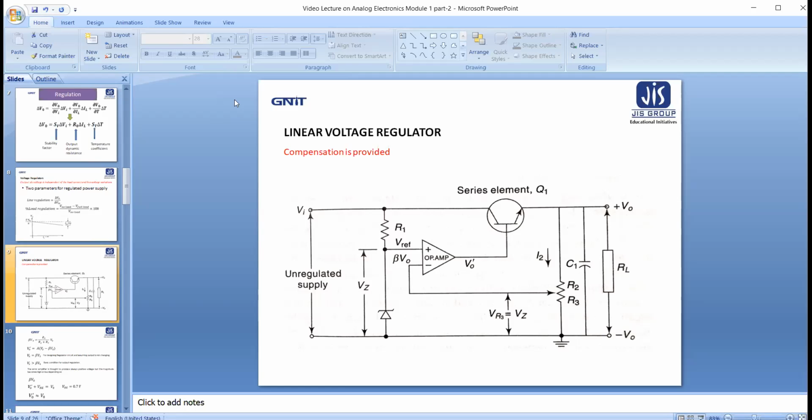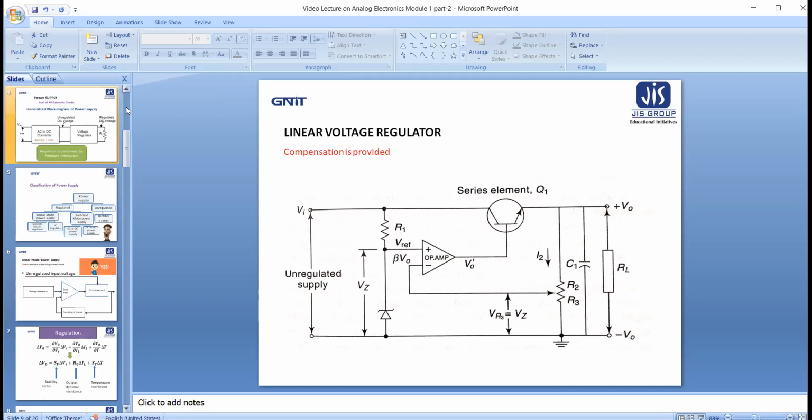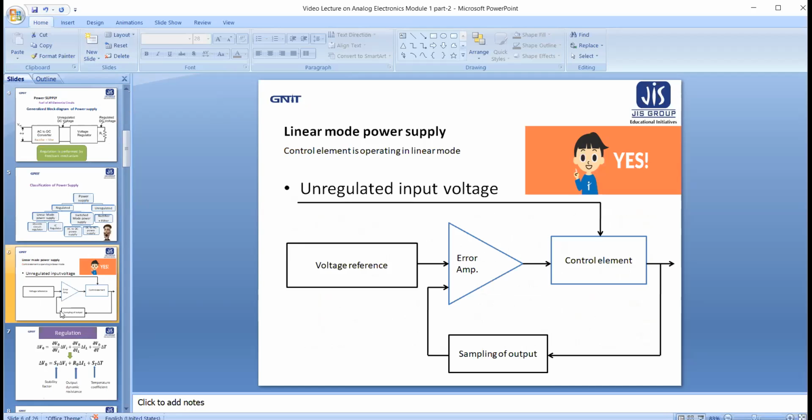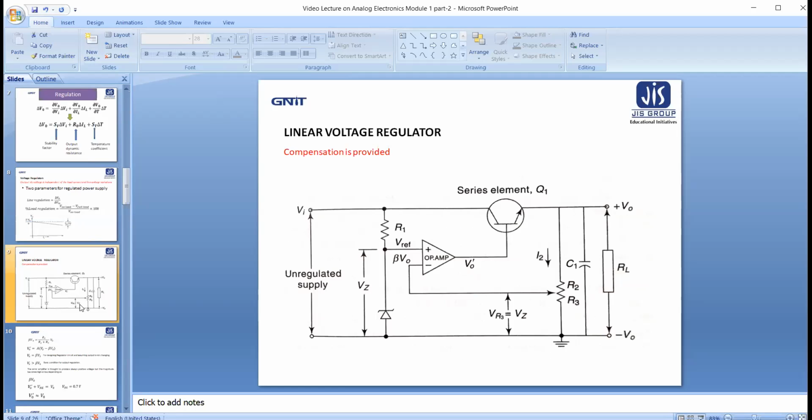As already discussed in the previous slide, the voltage reference is nothing but the Zener diode connected to the other input of the op-amp, and the Zener diode is connected to a resistance which controls the Zener breakdown voltage.